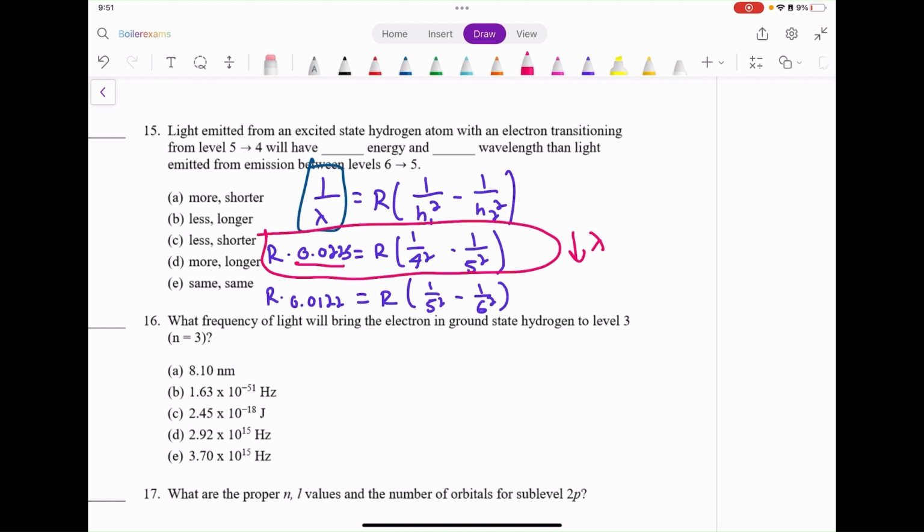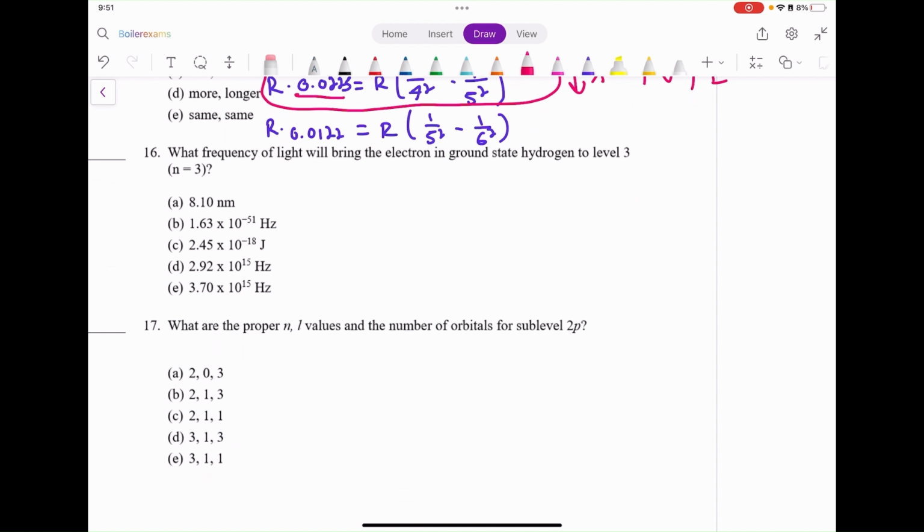And lower wavelength means higher frequency, which means higher energy. Okay, hope that makes sense, the correlations I just drew there. So 5 to 4 will have higher energy, and the wavelength will be lower. 15, what is that? 15A, wonderful.